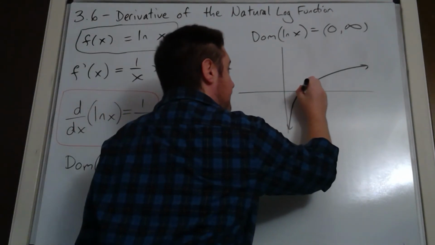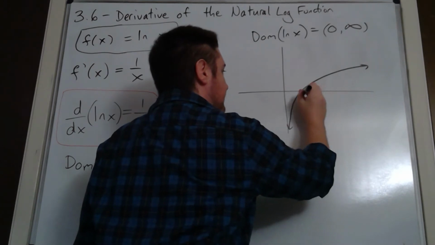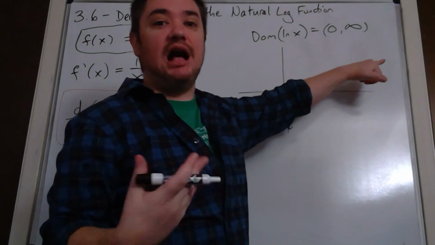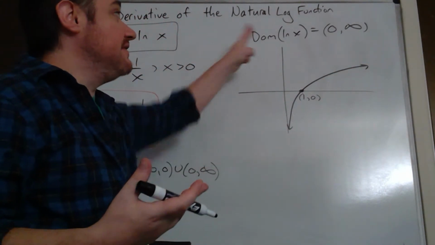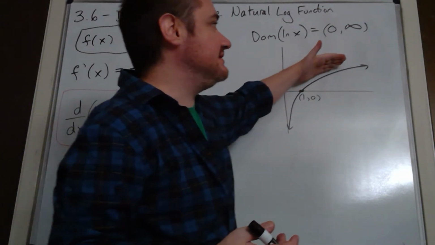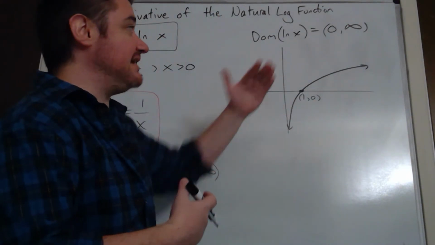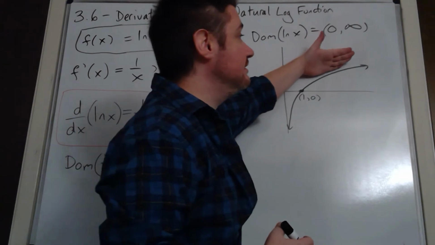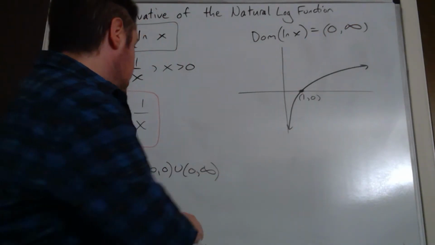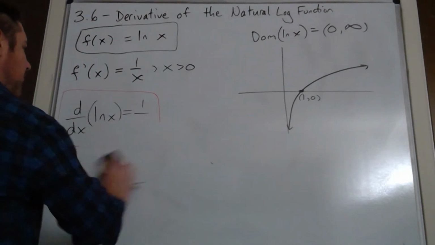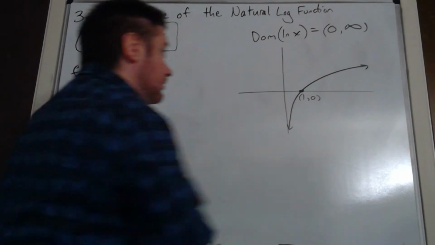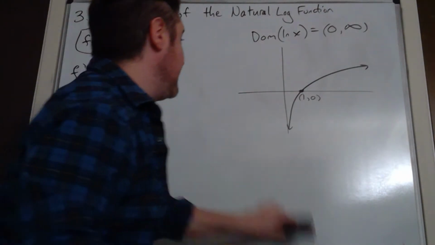Log of any base of 1 is always 0, so that's this intercept right there. After that, it keeps increasing. The natural log is a constantly increasing function, but it's slowing down in its increasingness. In other words, the slope of its tangent lines is getting more and more horizontal, and the slope of a horizontal line is 0. The derivative describes that relationship a little bit.